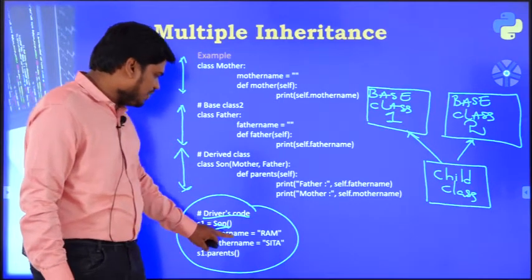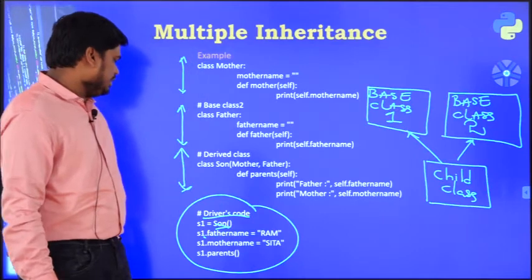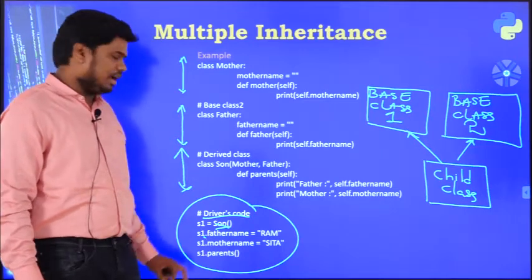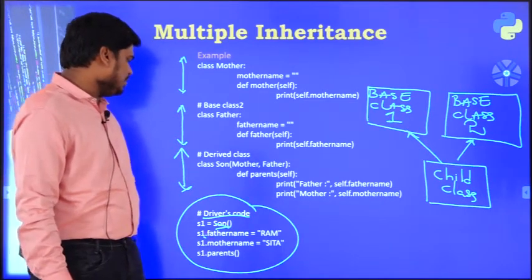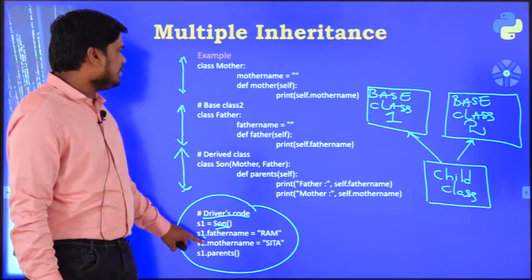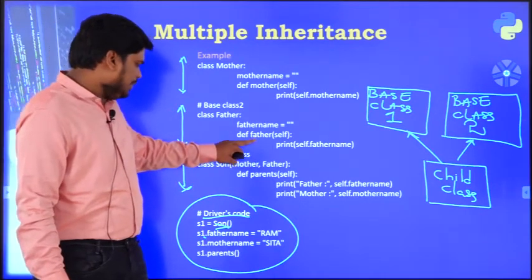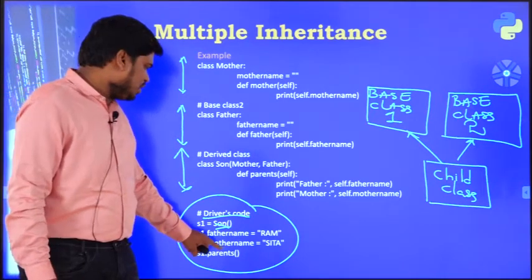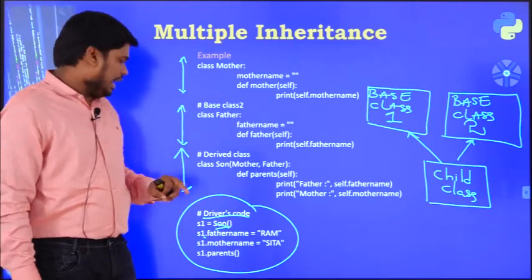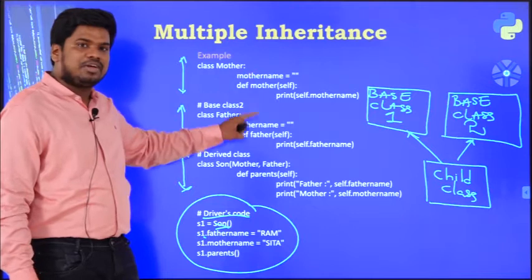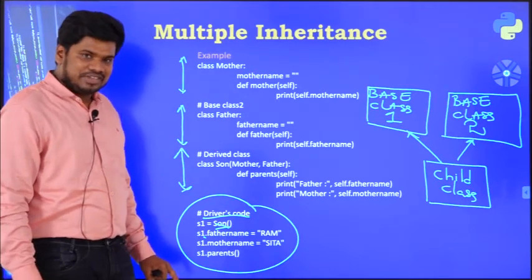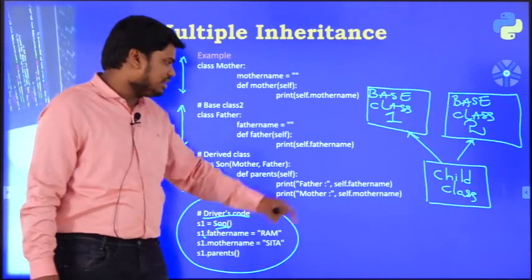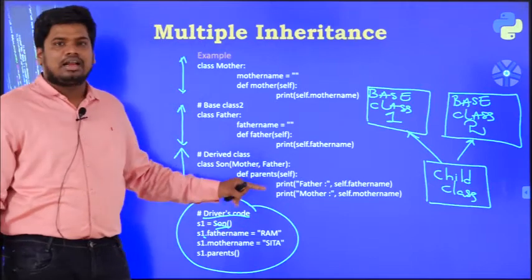First of all, S1.fathername is equal to Ram, and next S1.mothername is equal to Sita, and I am calling S1.parents. Now S1.fathername will be called, and immediately this function will be invoked. Then S1.mothername, and immediately this one will be invoked. Next, I have passed the mother name and father name to the child class, which is my derived class, and by using the method S1.parents, I have printed the mother and father names, that is Ram and Sita.